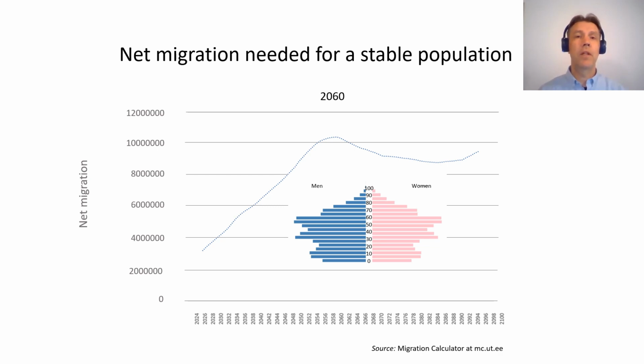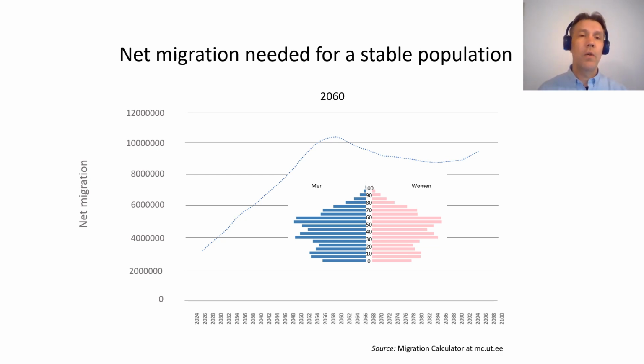Just to put it into perspective, there are altogether about 300 million migrants globally, which means that all the migrants should head to China, and it will still not keep the population of China stable. Or if each and every person from the United States of America would leave for China, it's also not enough to keep its population number stable.